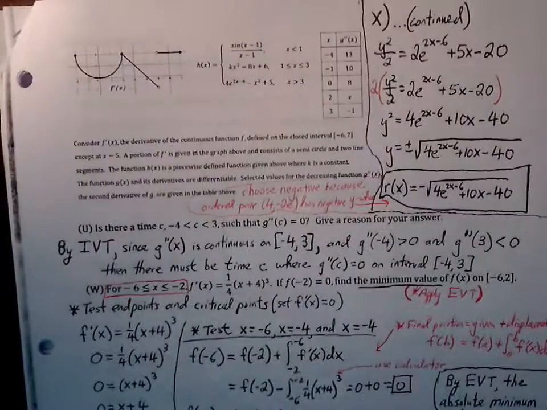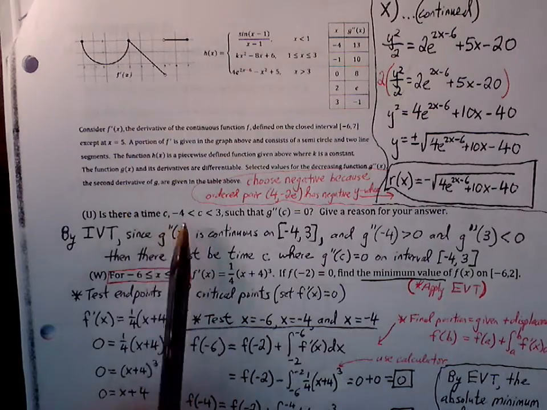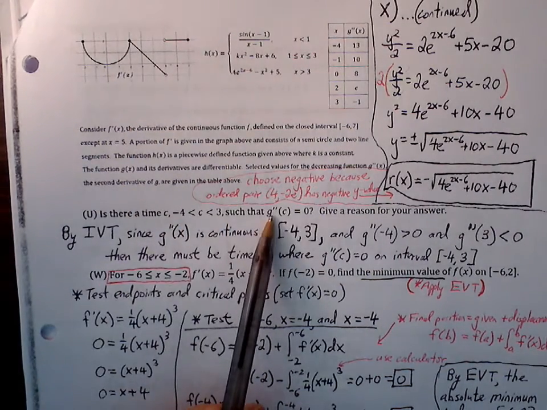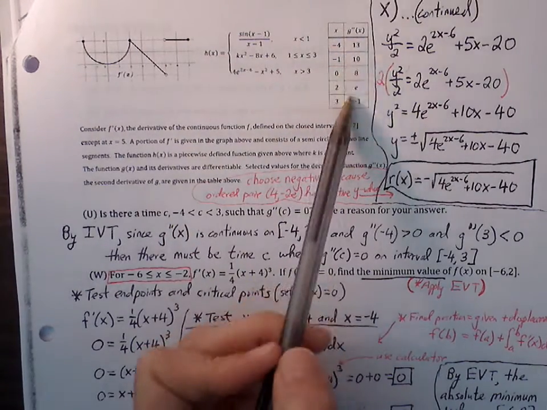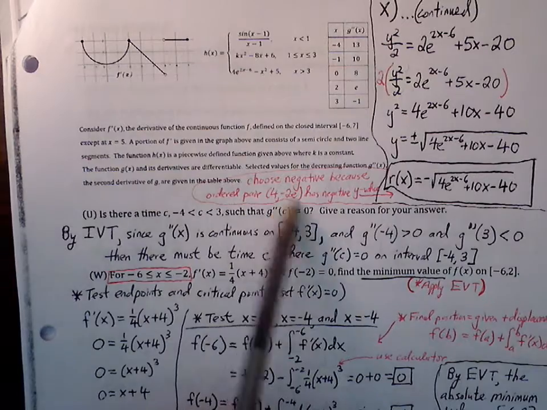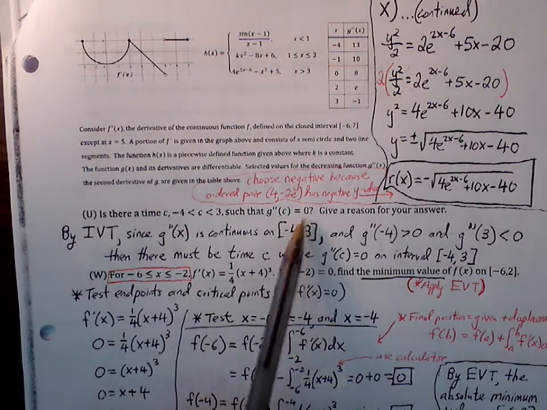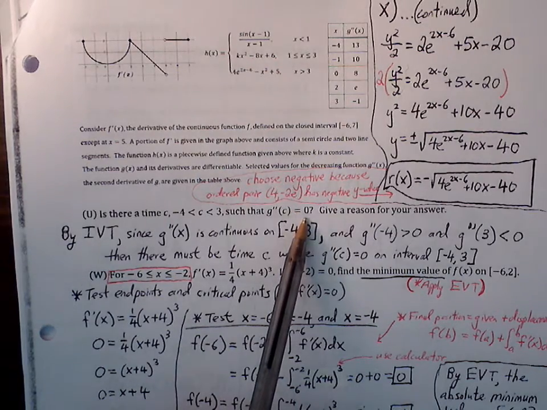All right, last page for this extended number 1. Is there a time c between negative 4 and 3 such that g double prime of c is equal to 0? We have g double prime in front of us, so there's no need to find the derivative. This is really just, does this y value exist on the g double prime graph?